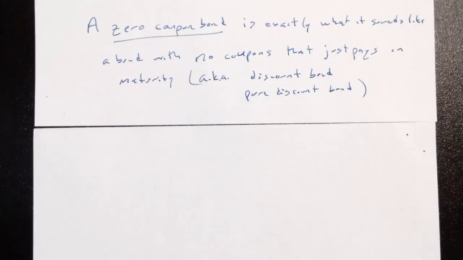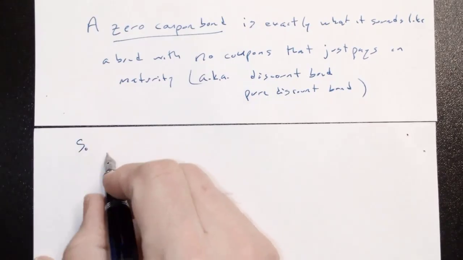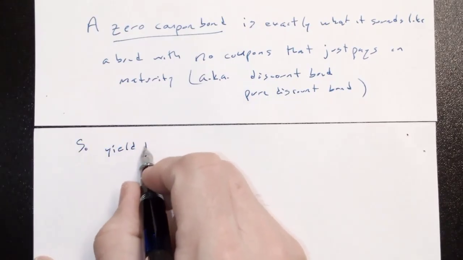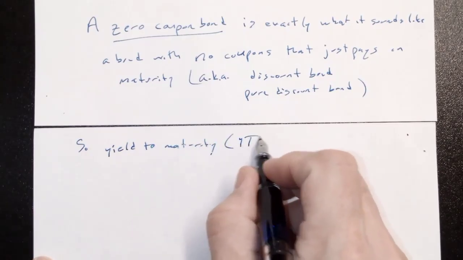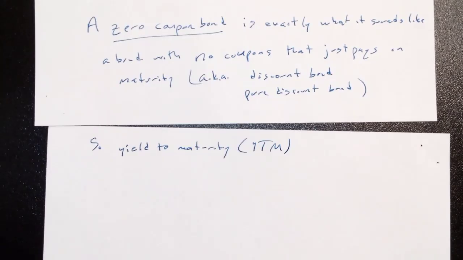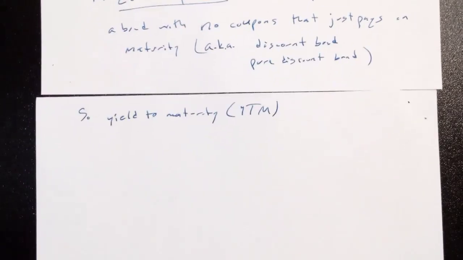Yield to maturity for a zero coupon bond is a good measure for the yield of a payment made at the same time. You'll often see yield to maturity abbreviated as YTM.